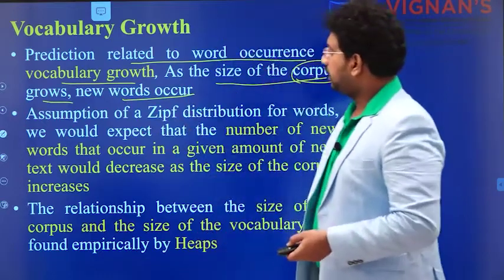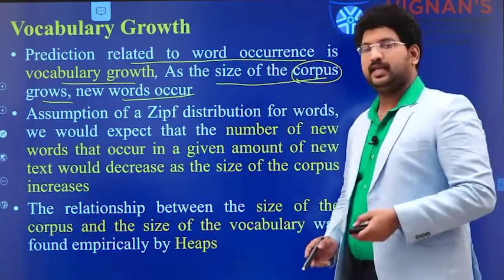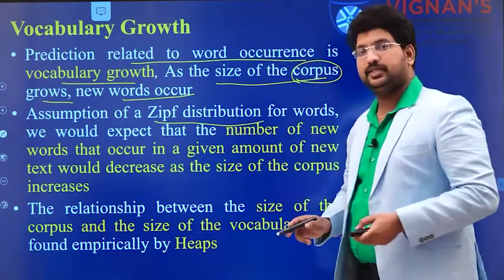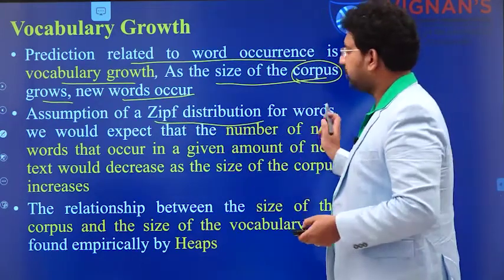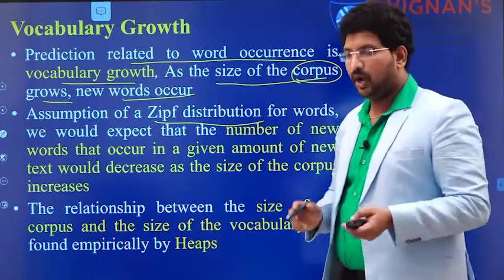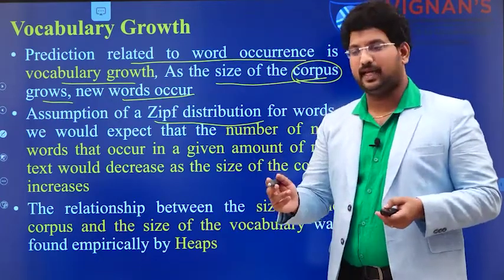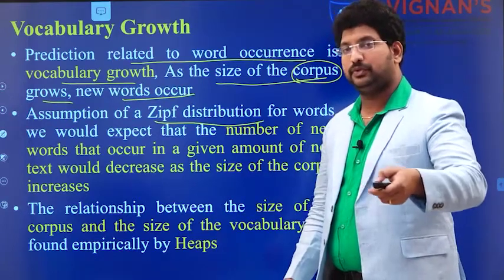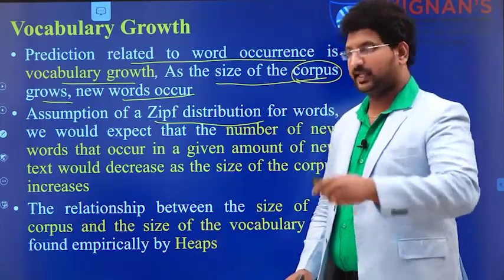Yes, very good. And there is an assumption about Gibbs law, an assumption about the Gibbs distribution for words: how the words are distributed in the text documents, and what is the importance of those word frequencies in the text documents.